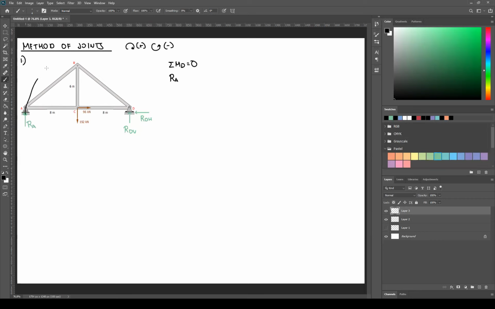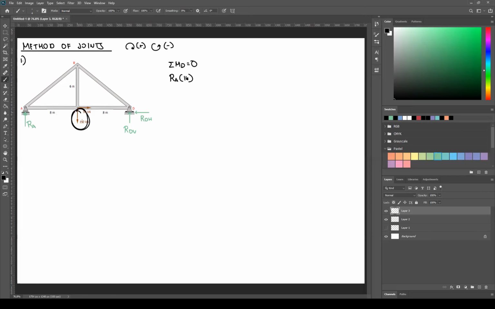So I assumed it's upward, so go upward and rotate about D. Hence, it creates a clockwise motion. So clockwise positive, okay? And then multiplied by the distance. So distance of RA, perpendicular distance to our moment center. We call D as your moment center in this equation. That's this line. And that's 8 plus 8. Therefore, this is 16.